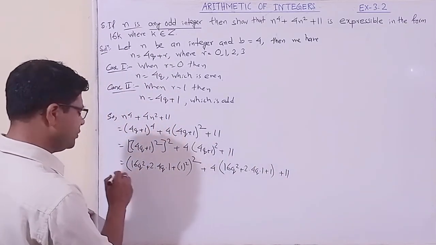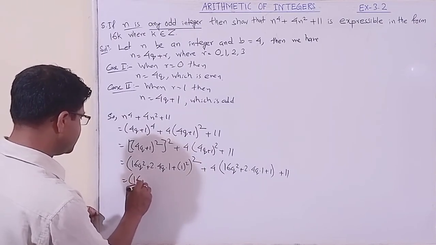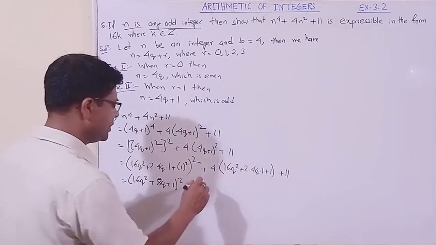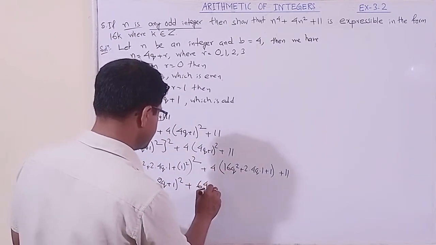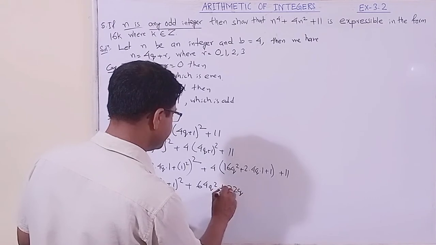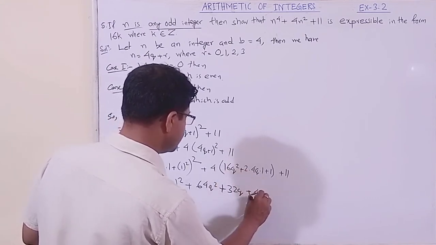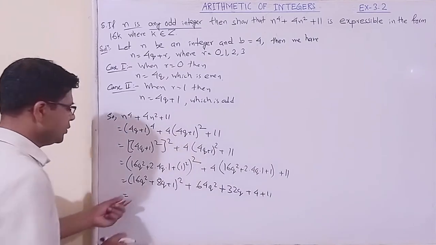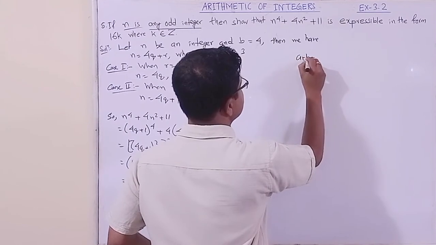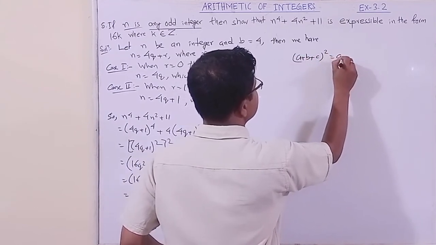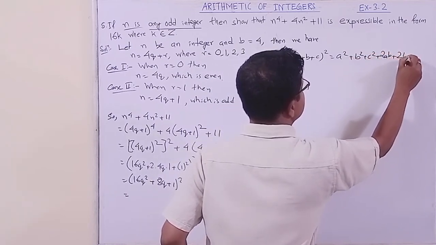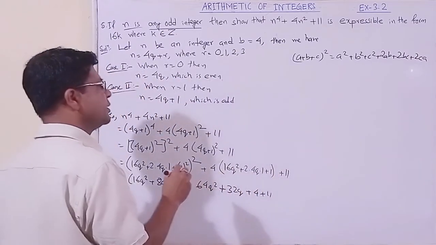Now let us try to simplify this. This is 16q square, 2 4s are 8q plus 1 its square. Then let us multiply. 16 4s are 64q square plus 2 4s are 8, 8 4s are 32, 32q plus 4 1s is 4 plus 11. Now we know the formula a plus b plus c whole square. Can you remember? What is the formula? a square plus b square plus c square plus twice ab plus twice bc plus twice ca. In class 9 we got this, in general mathematics we got it.